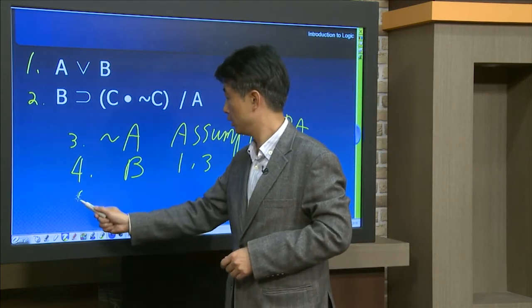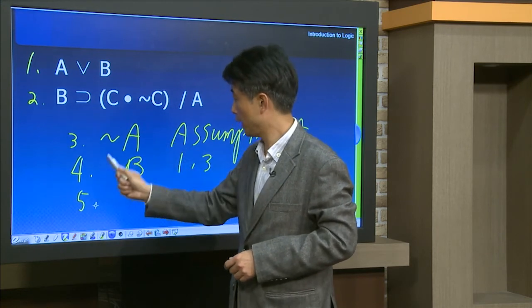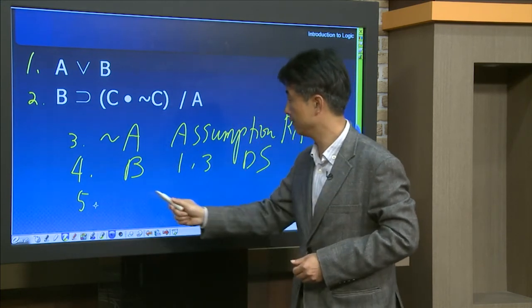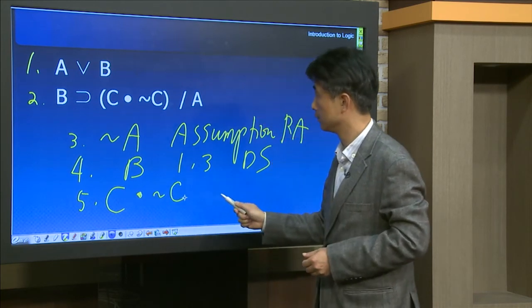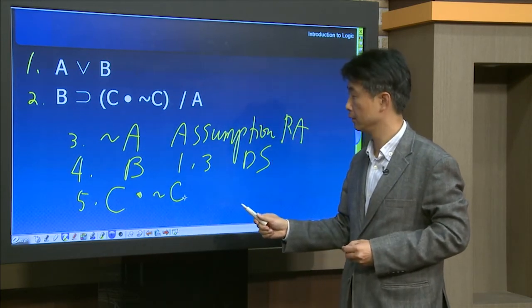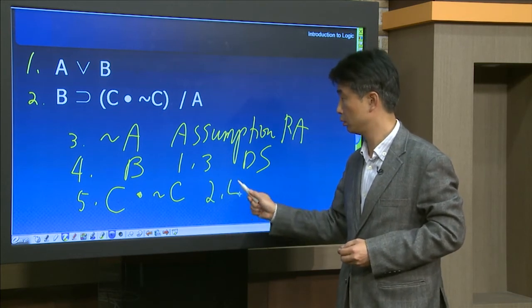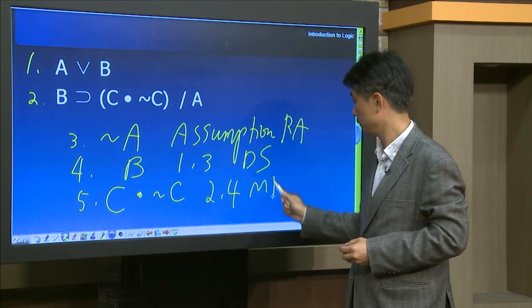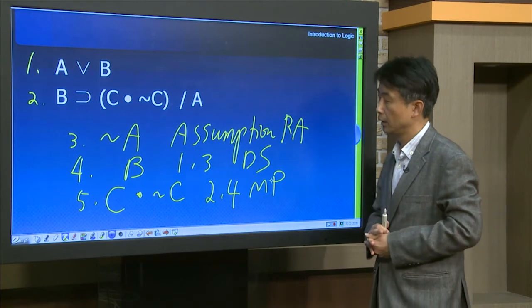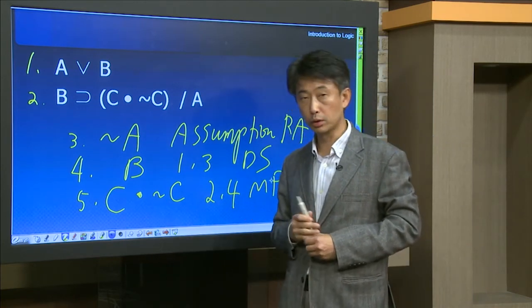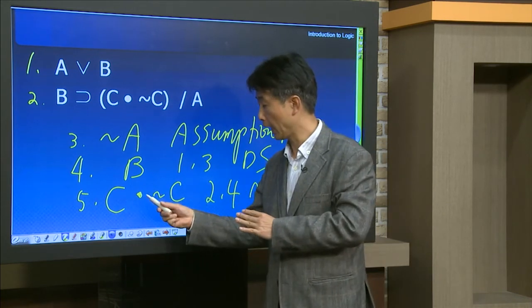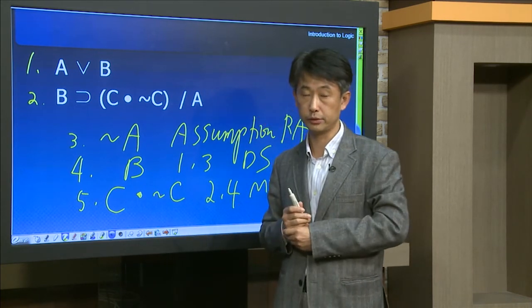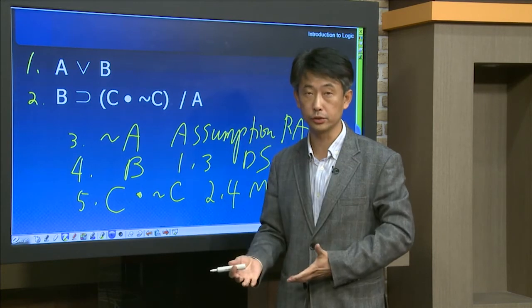Now, if you look at 2 and 4, you can derive C dot not C, by MP, right? So 2, 4, MP, modus ponens. This is a contradiction, isn't it? It says a statement and its negation. It's what's called a contradiction.